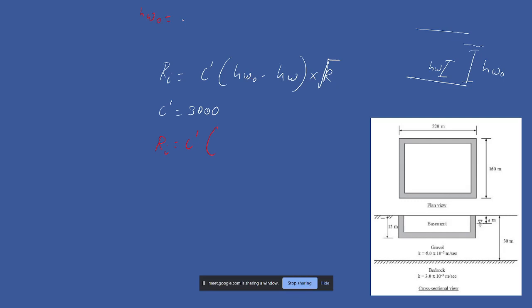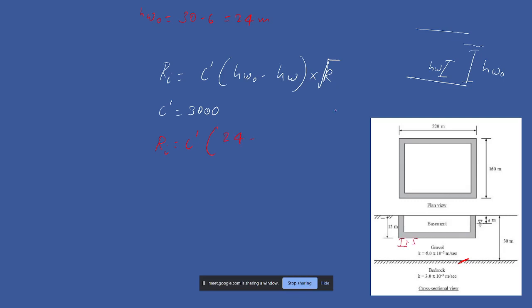Your datum or reference is this, and from here you check the height of your groundwater. So HW naught is 24, and now you want to lower it till here, 1.5 meter from the base of your basement.